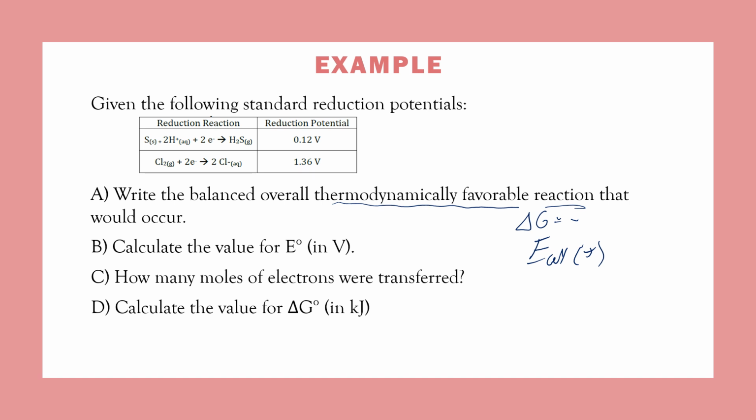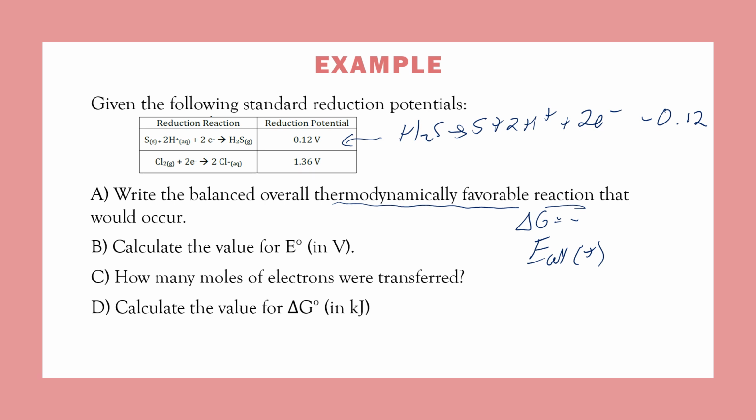So if we write the reaction for a voltaic cell, we want to take the smaller one and flip that reaction around. So we'll get H2S yields S plus 2H plus plus 2 electrons. And our cell potential for this is negative 0.12.